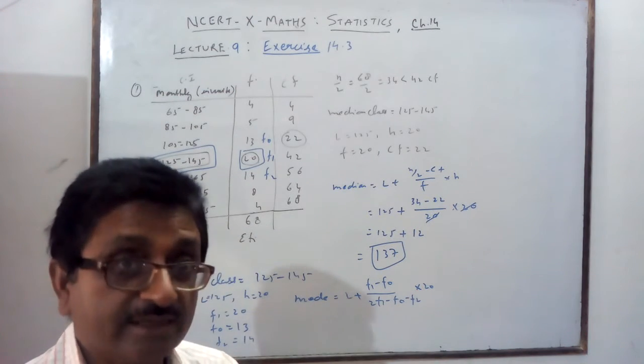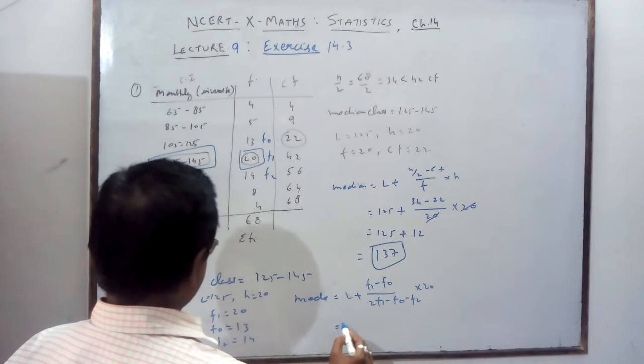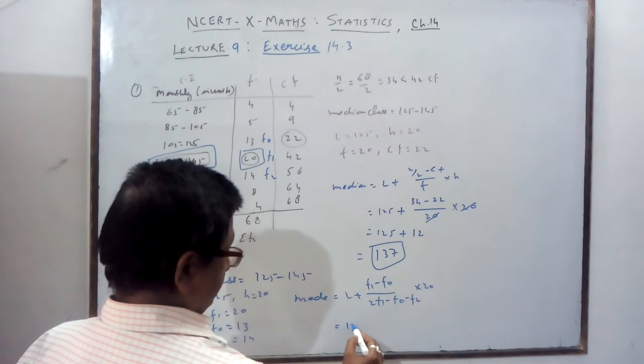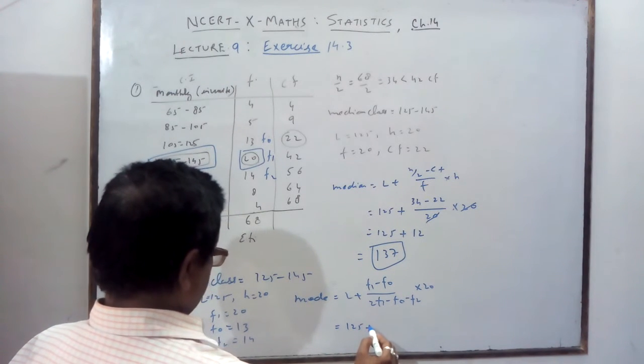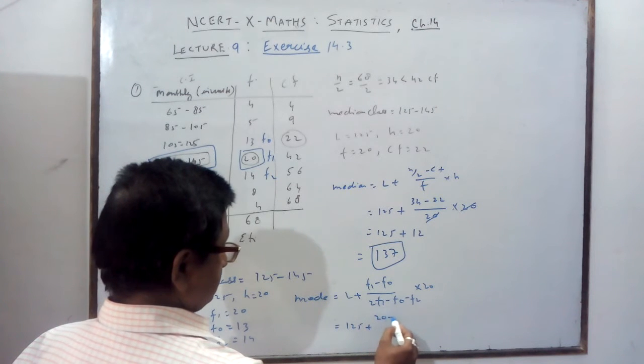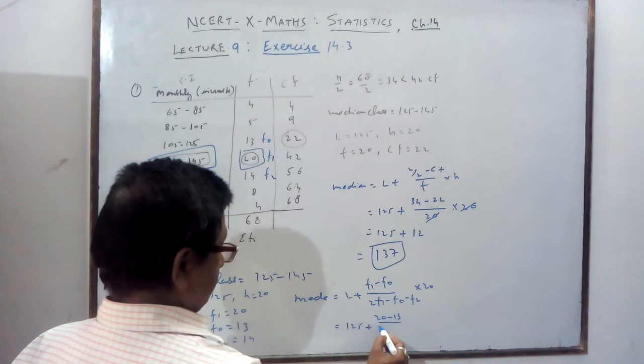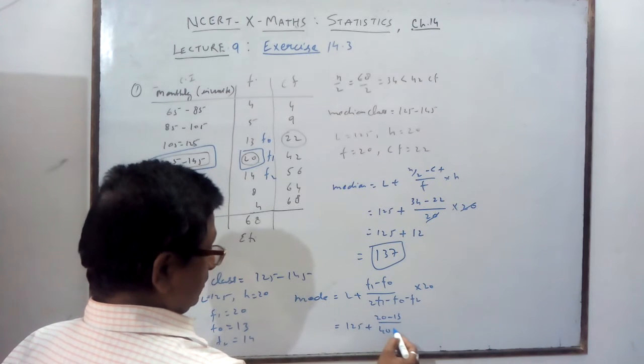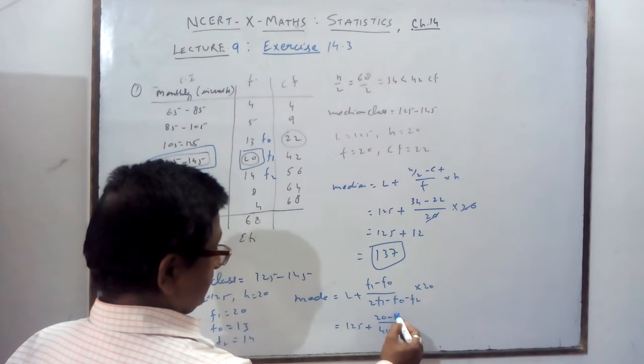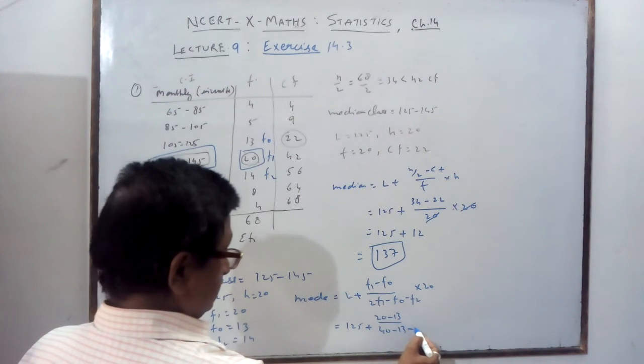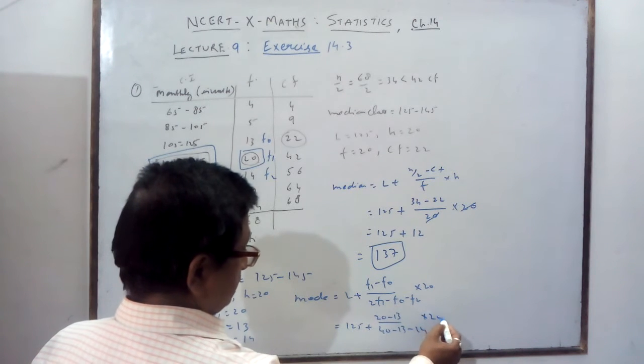Put the values here. L is 125 plus 20 minus 13 divided by 40 minus 13 minus 14, multiplied by 20.